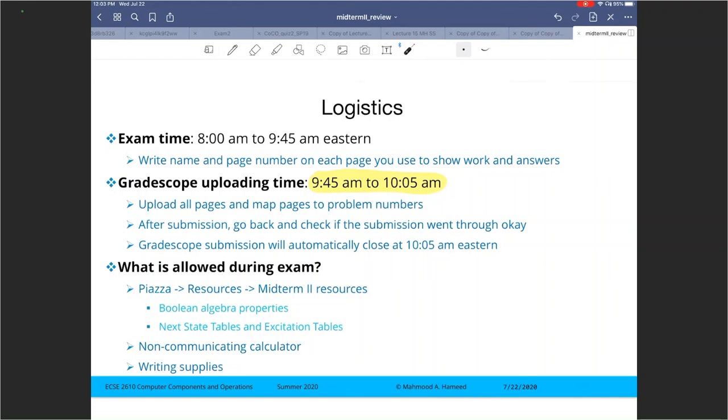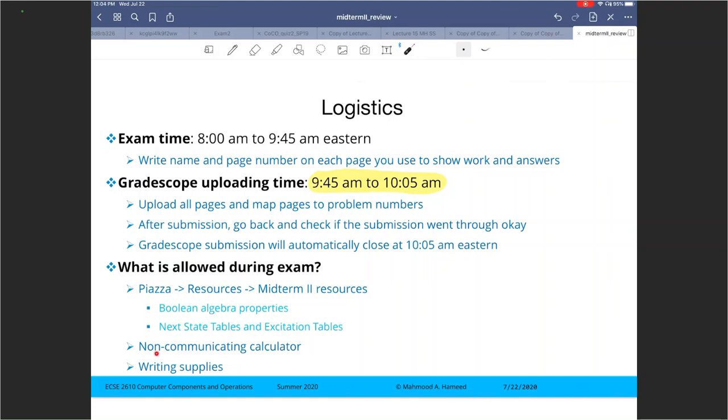And also for flip-flop conversions, you will need the next state tables and excitation tables of the 4 sequential elements: SR, JK, toggle, and data. So those will be there. I highly recommend that you go to the midterm 2 resources and check the reference sheets before the exam, so you know what you are going to have access to.